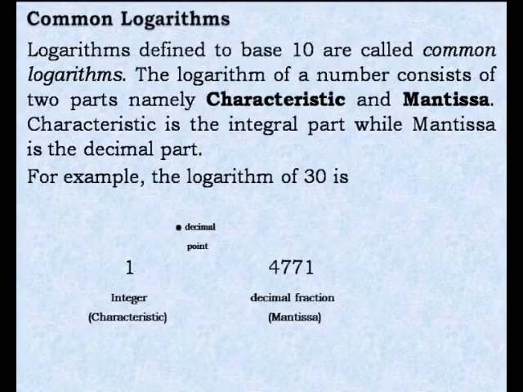It is being grouped into 3 different aspects. The 1 serves as an integer, which is the characteristic, then the decimal point, then the decimal fraction, which is also known as mantissa. We'll now take a look at some examples.